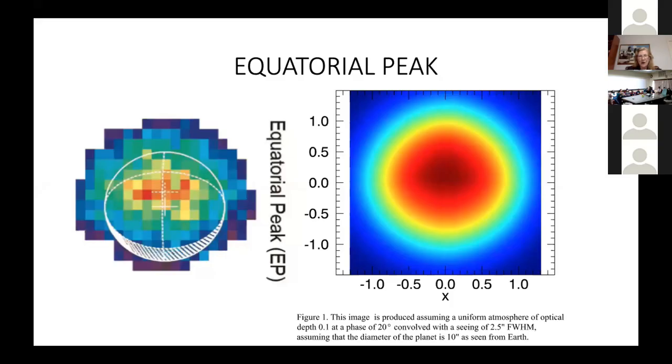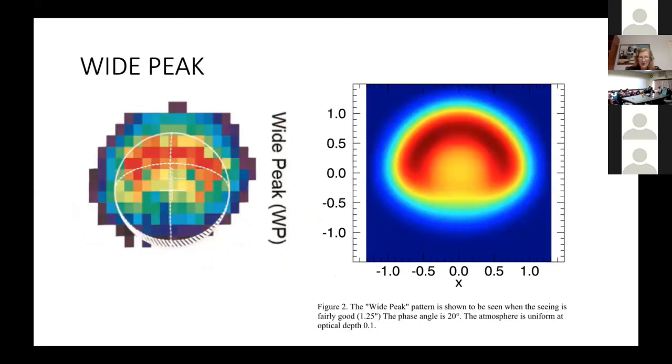So I can simulate an equatorial peak with a uniform exosphere and 2.5 arc seconds of seeing. I can simulate a wide peak with 1.25 arc seconds of seeing. And what you're seeing is limb brightening.